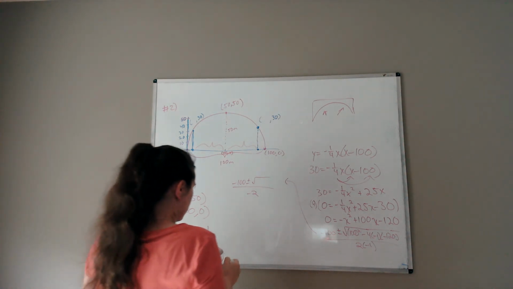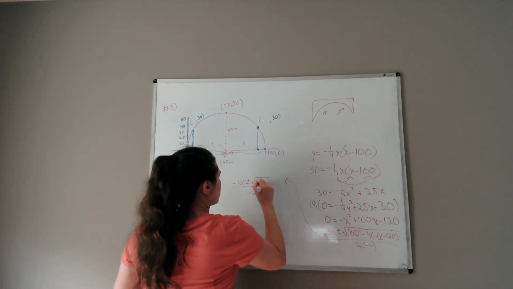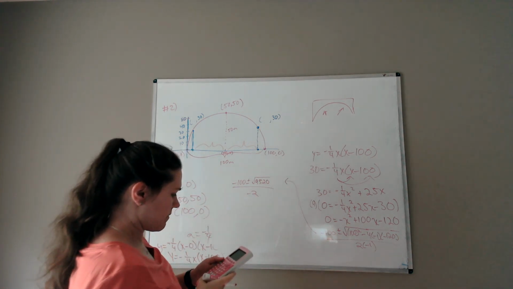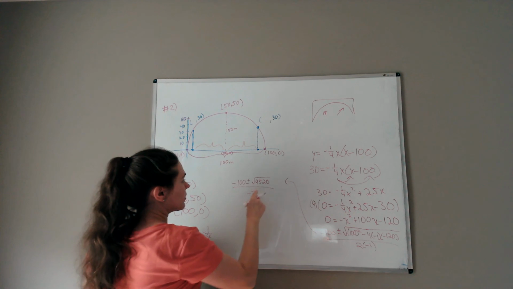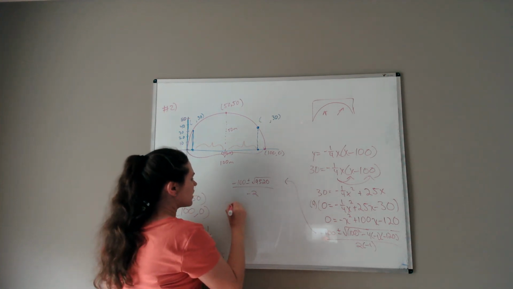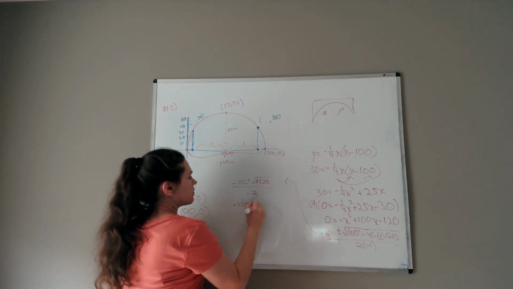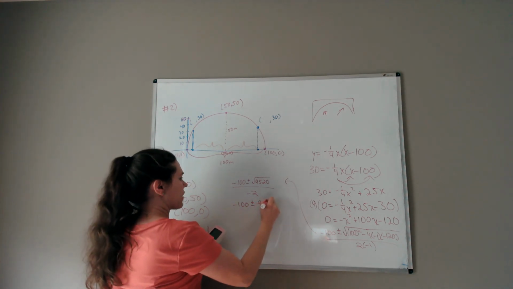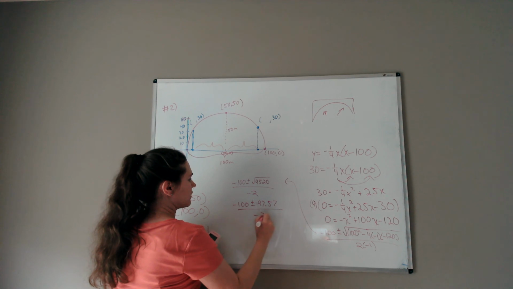That's the square root of 9,520. Okay, so that is not a perfect square. So what we want to do is round this. This is going to be negative 100 plus or minus 97.57 all over negative 2.